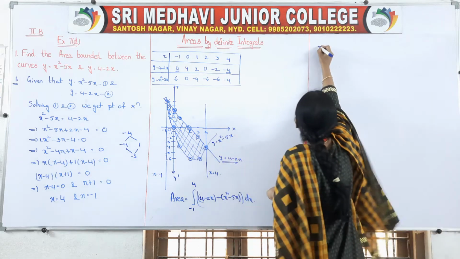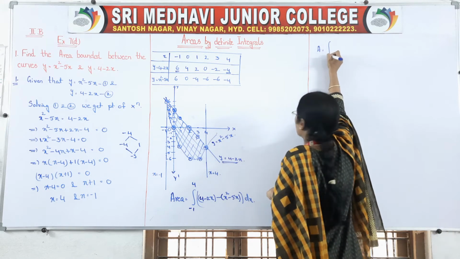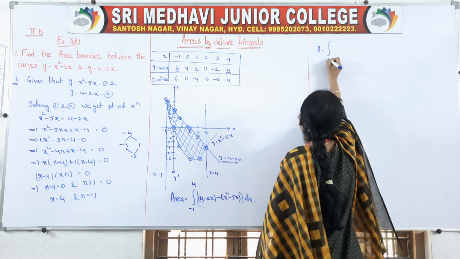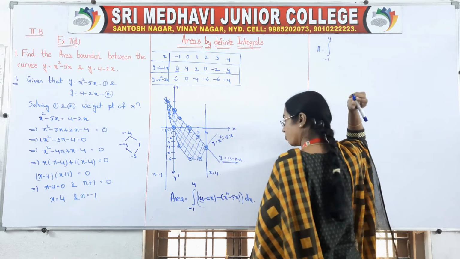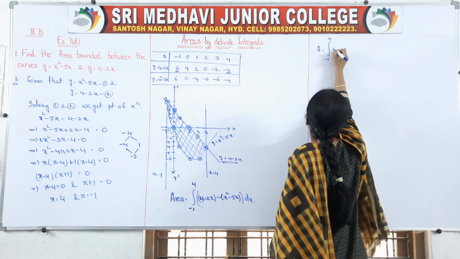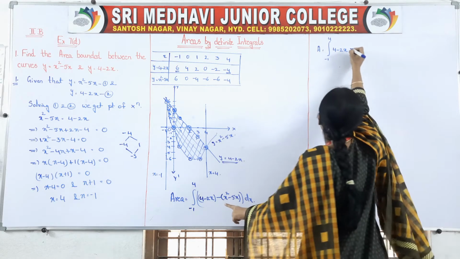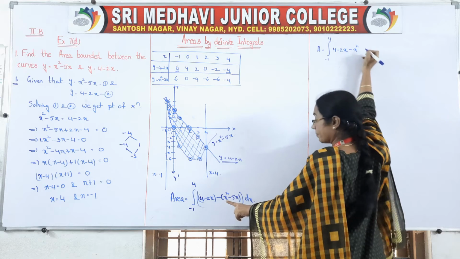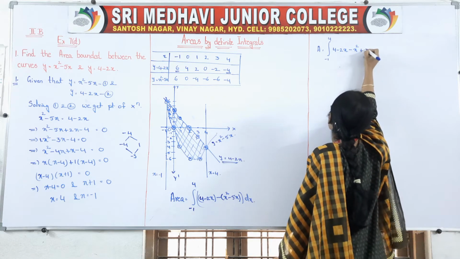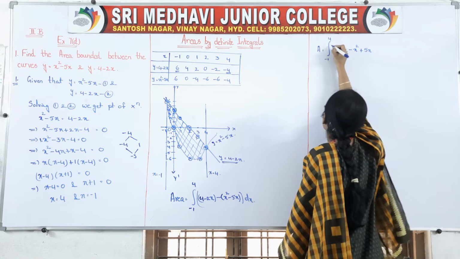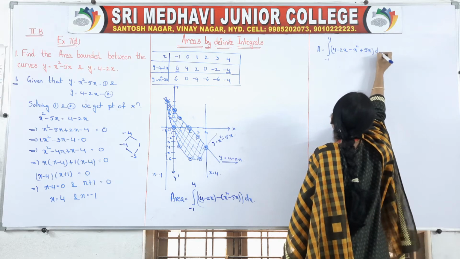Okay, so A is equal to, come on, its value is minus 1 to 4. Write down, open the brackets, 4 minus 2x minus x square, minus of minus plus 5x into dx.